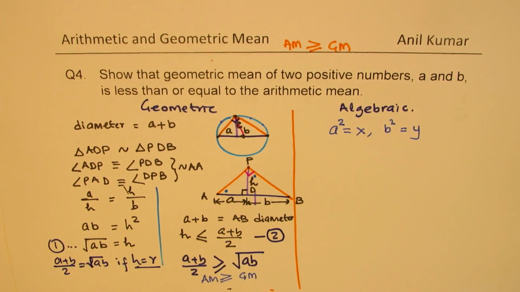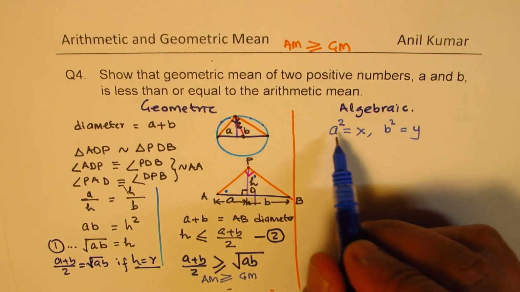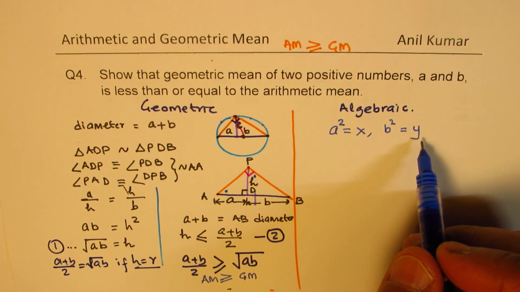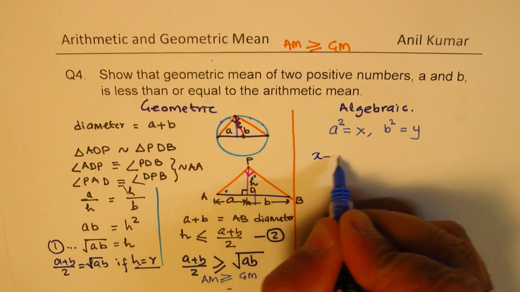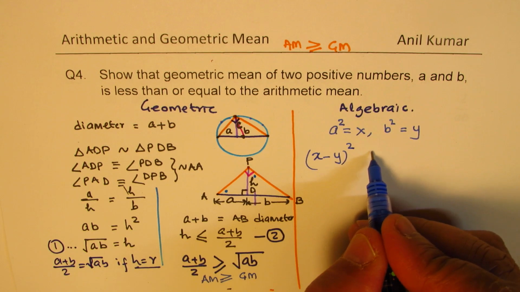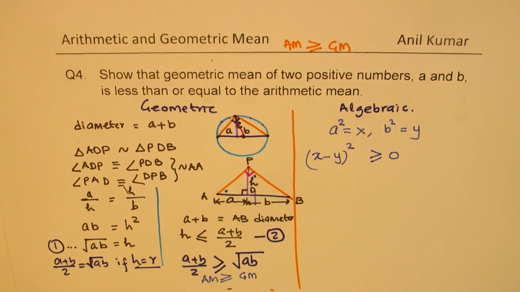Okay, so let's assume this, and we are given that a and b are both positive numbers. In that case, what is going to be (x minus y) whole squared? It is definitely going to be greater than or equal to 0. Is that clear to you?